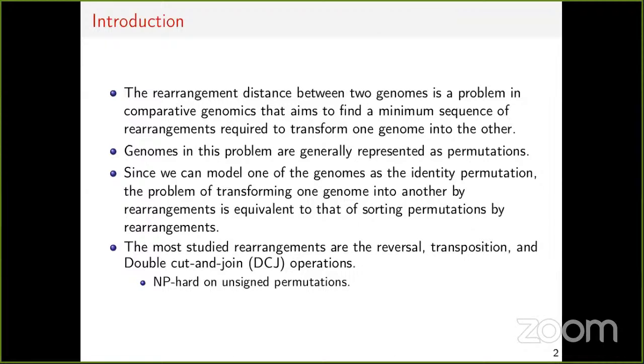When the orientation of the gene is known, we use the minus or the plus sign on the permutation to represent this orientation. In this case, we say that this permutation is a signed permutation. Otherwise, we say that it is an unsigned permutation. Since we can model one of the genomes as the identity permutation, the problem of transforming one genome into the other by rearrangement is equivalent to that of sorting permutations by rearrangement.